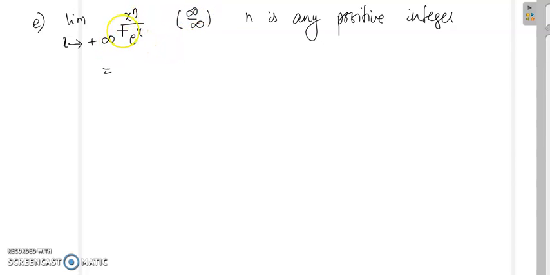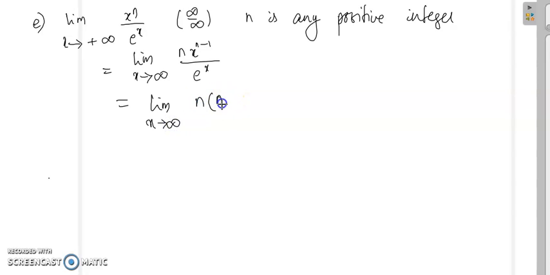You can see that the numerator has infinity, and the denominator e raised to infinity is also infinity. Upon applying the L'Hospital rule, you get limit x tends to infinity n into x raised to n minus 1 by e raised to x. Again this is an infinity by infinity form, so you differentiate again, and you get n into n minus 1 x raised to n minus 2 by e raised to x.